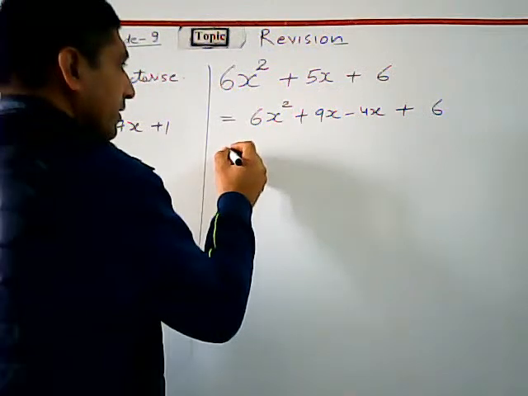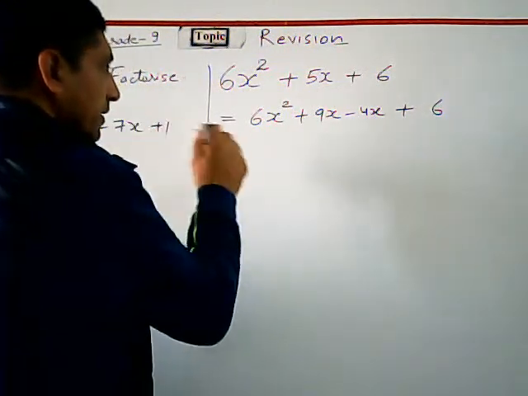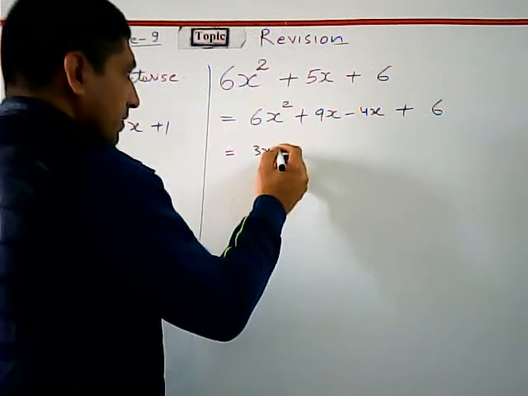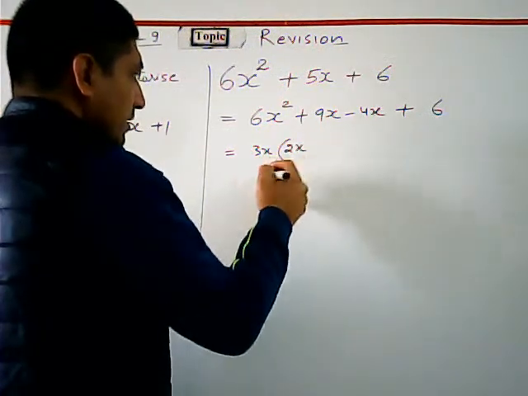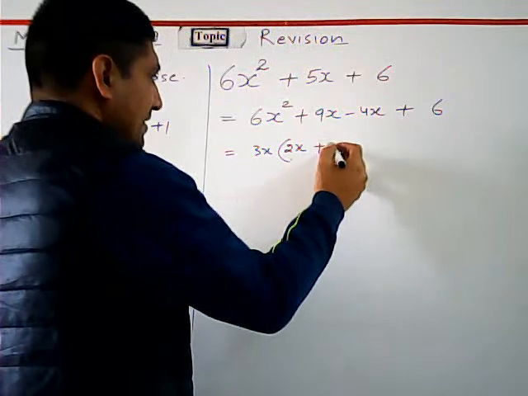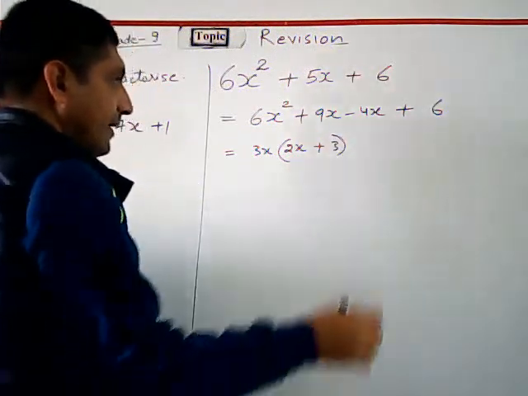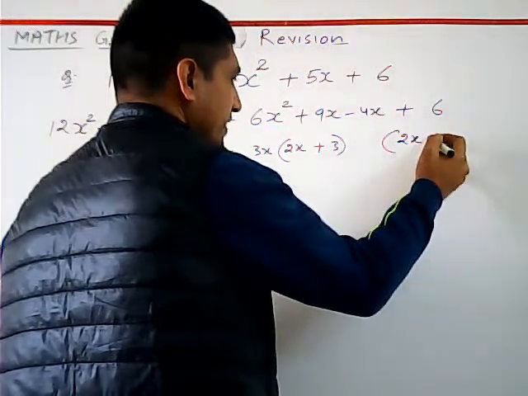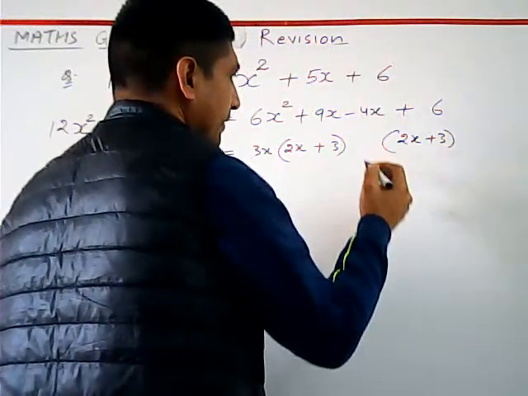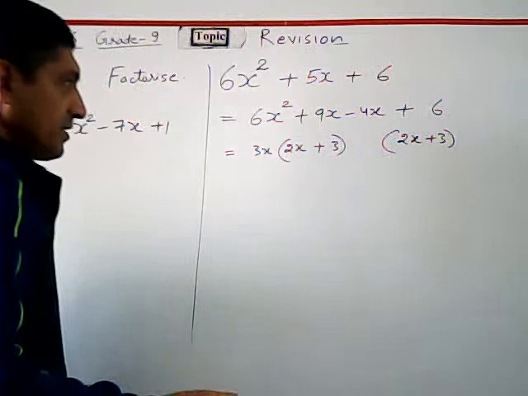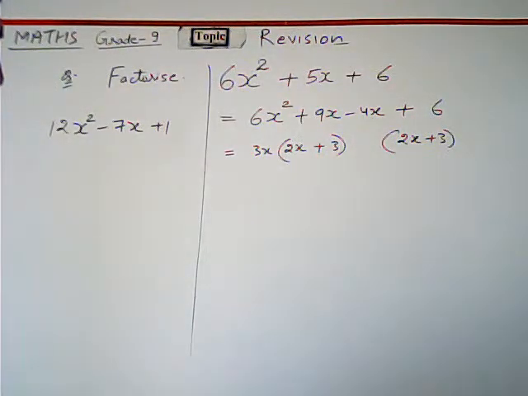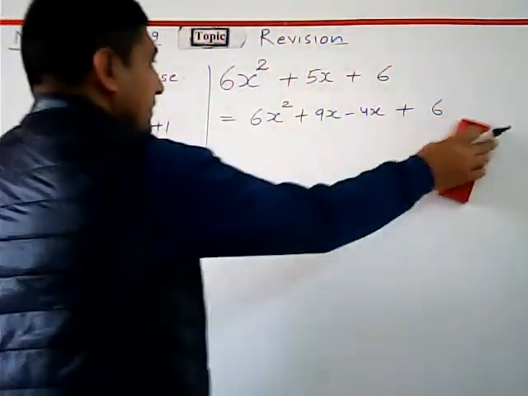So we have 3x into 2x plus 3, and it is minus 4, so it is not 9x minus 4x. Wait, this is not the right way.